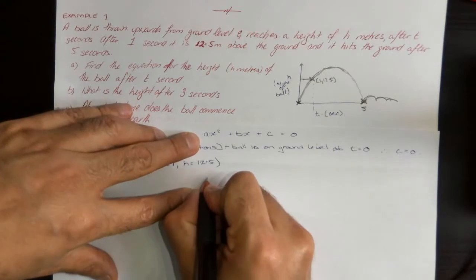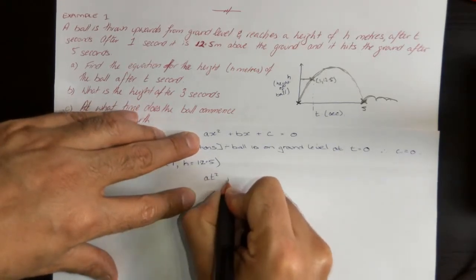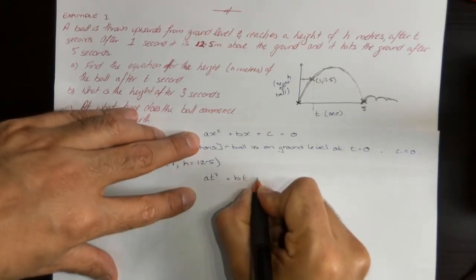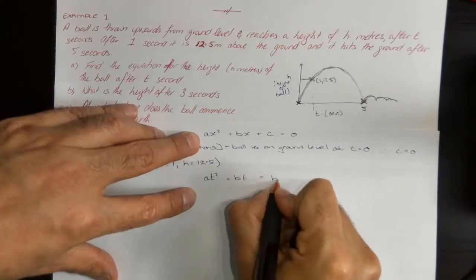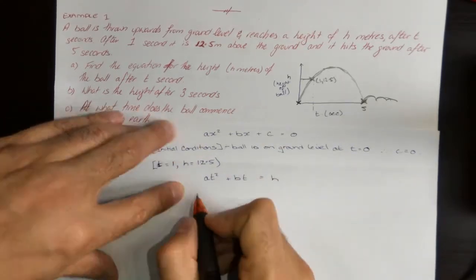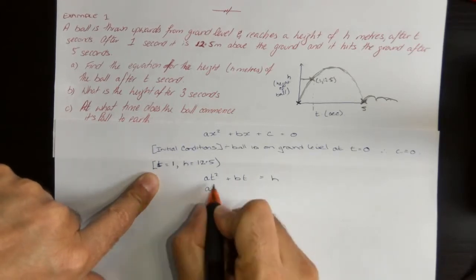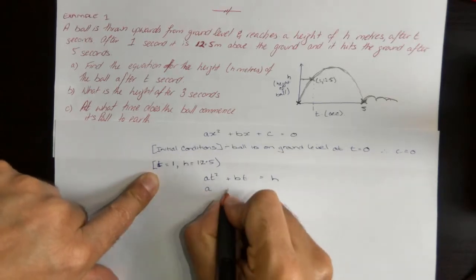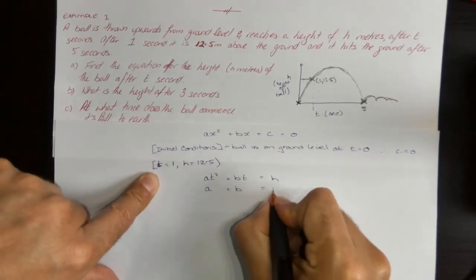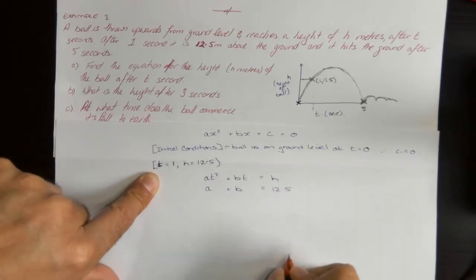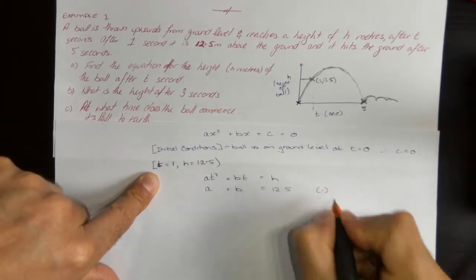So it should be at squared plus bt, c was 0, equals h. Okay, I'm going to plug in t equals 1, so that we've got a, because 1 squared is 1, plus b equals 12.5. Okay, let's call that equation 1.